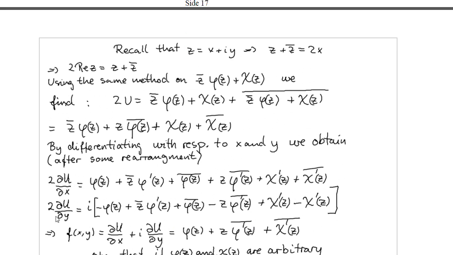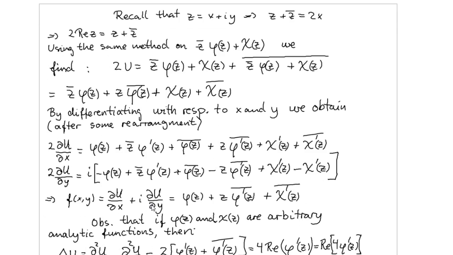Similarly, 2 times the derivative of the stress function with respect to y is equal to this expression. So the function defined by the derivative of u with respect to x as real part, and the derivative of u with respect to y as imaginary part, by adding these two terms here, where we must multiply with i on both sides, we obtain this result. That's because several of these terms are cancelling each other.